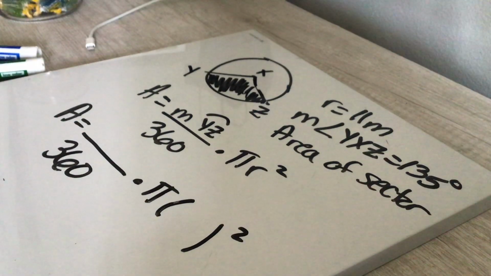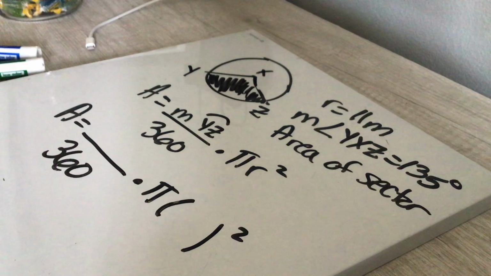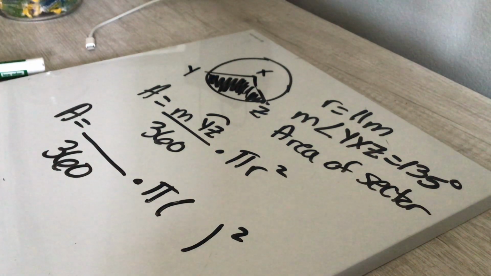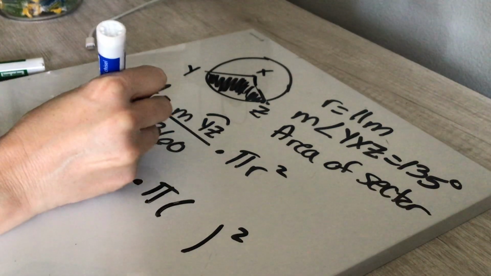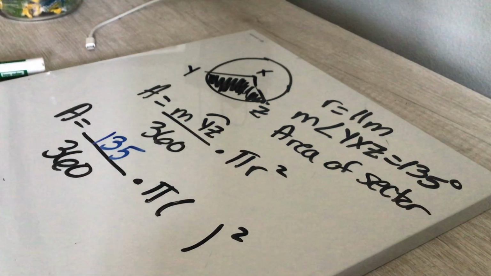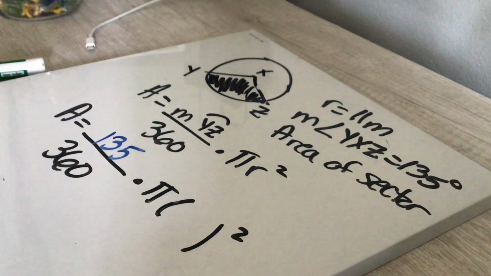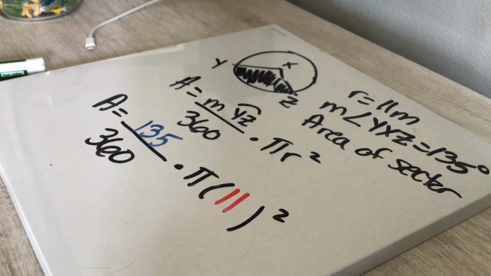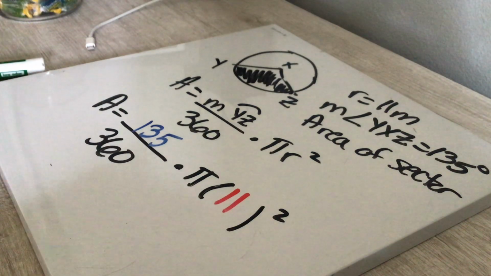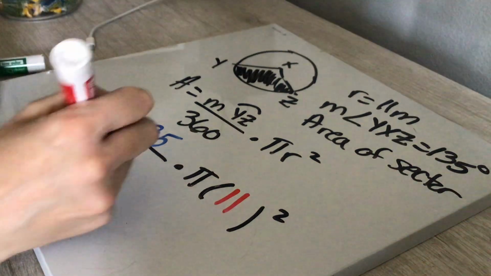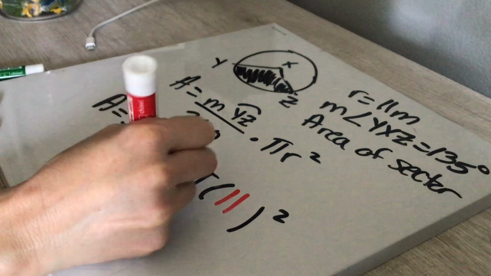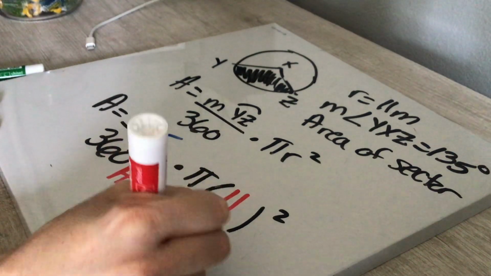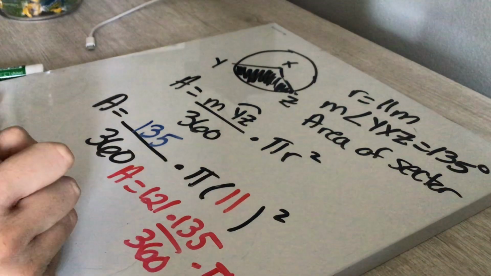Okay, so the measure of the intercepted arc is going to be the same as the measure of the central angle. So the intercepted arc is 135 degrees. And then the radius is 11 meters. Okay, so plugging that in, we would get 121 times 135 over 360 times pi.